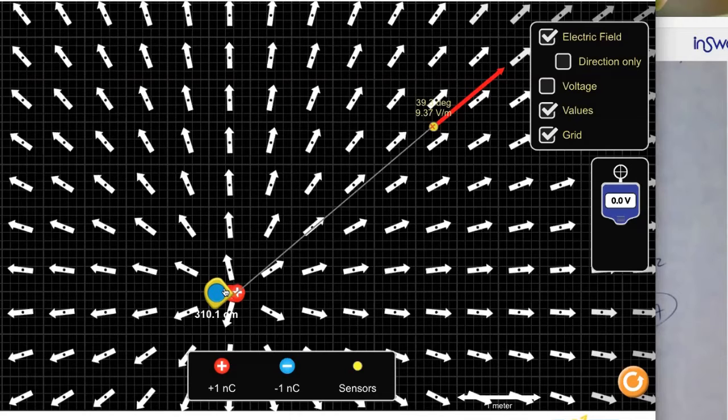But yeah, I see it trending that way. I would have to place these right on top of each other. That means you're so far away from the rod that it looks exactly like a point charge. See, now the electrical field looks very radial, very spherically radiating outward. You see that?